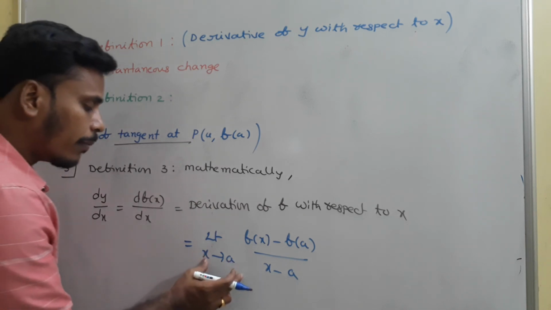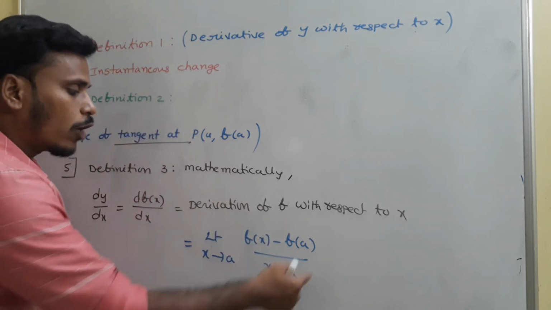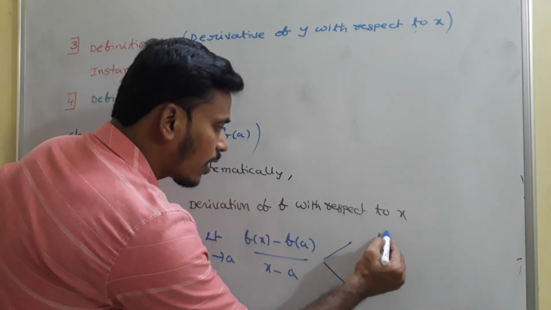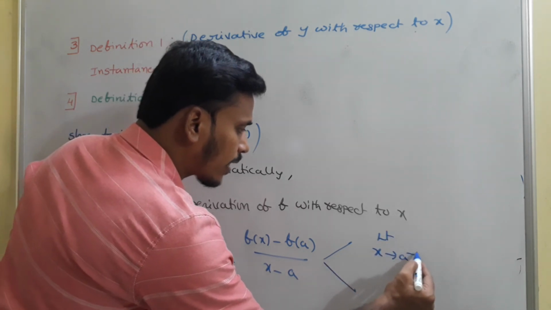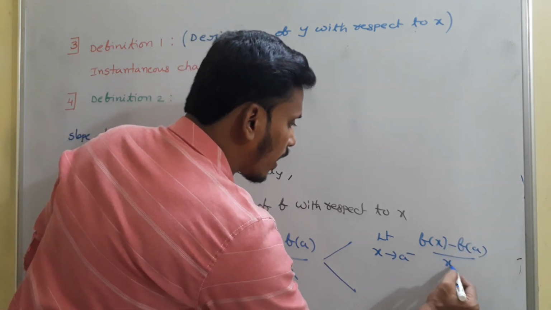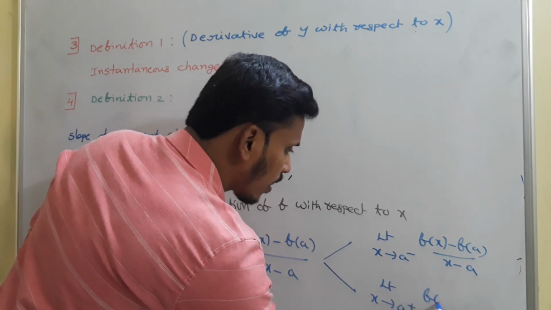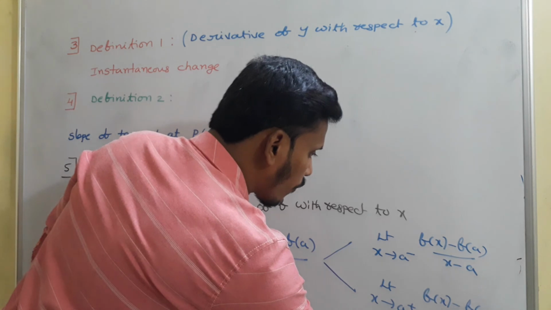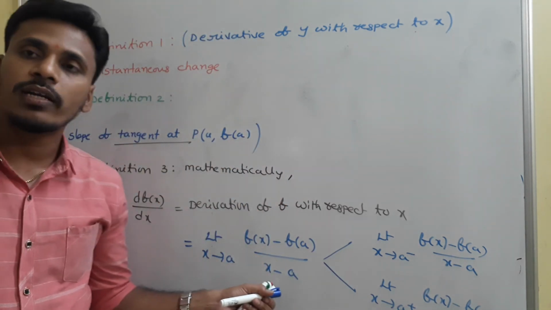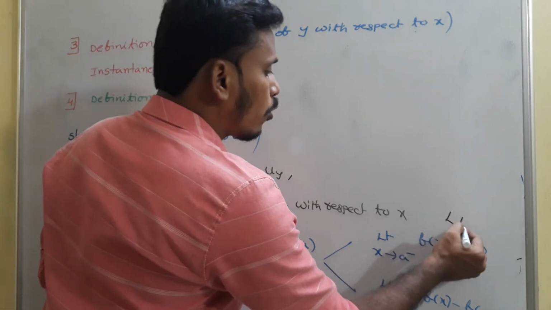To calculate the limit value of f of x minus f of a by x minus a as x is tending to a, we need to discuss the left limit and the right limit. Limit x tends to a minus of f of x minus f of a by x minus a is the left limit, and limit x tends to a plus of the same expression is the right limit.